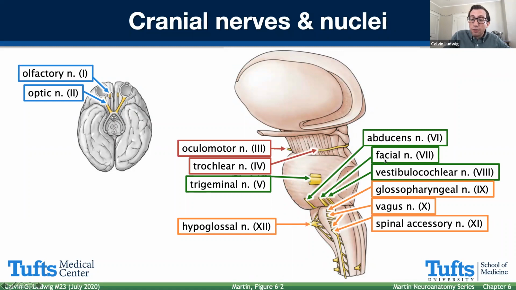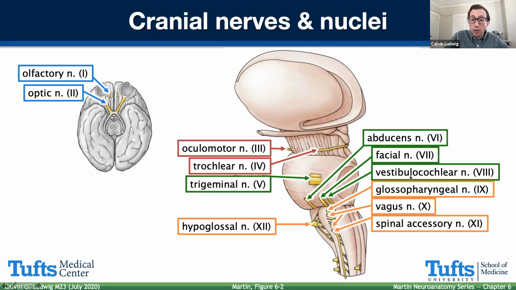The facial nerve here is a mixed nerve and has separate motor and sensory roots. The motor root innervates the facial muscles that determine our expressions, whereas the sensory root primarily innervates taste buds and mediates taste. The vestibulocochlear nerve here is a sensory nerve that has 2 separate components.